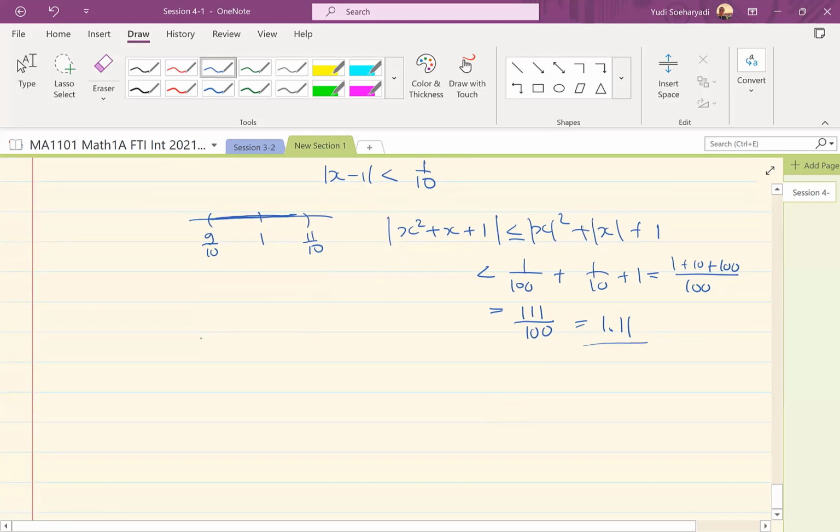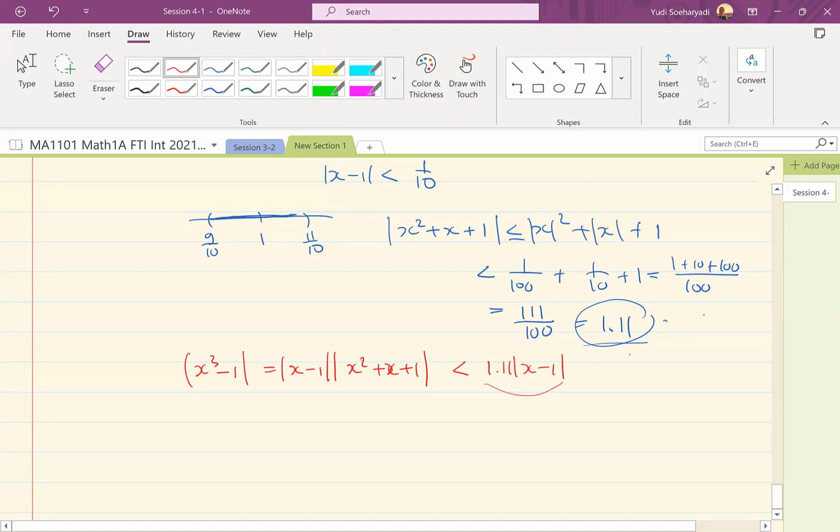Okay, now with this choice, observe this thing. When you compute this one, then you use this bound, right? So if you want to have this less than epsilon, again we are just repeating the same kind of computation. They should be less than 1.11 times x minus 1.